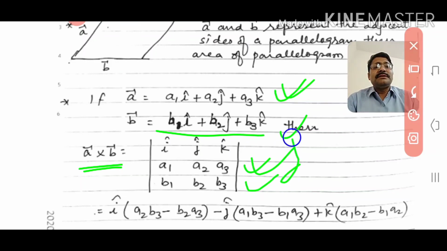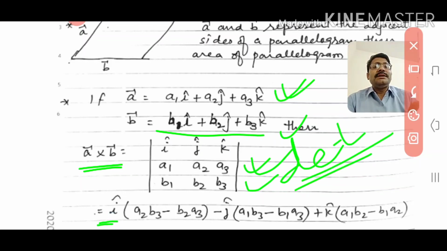This is a determinant, and you already know how to open it. You open by i and cross multiply, then minus j, you open by j by cross multiplying a1 and b3 minus b1 a3, plus you open by k and write a1 b2 minus b1 a2, and you solve this.